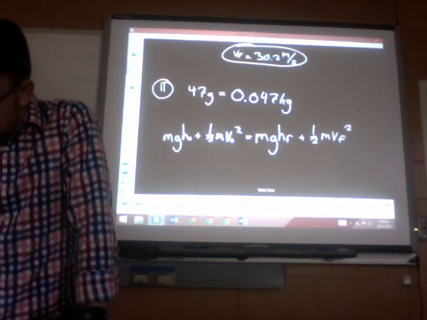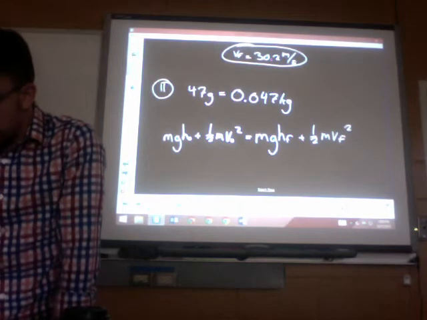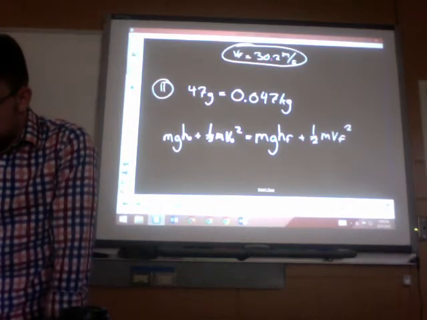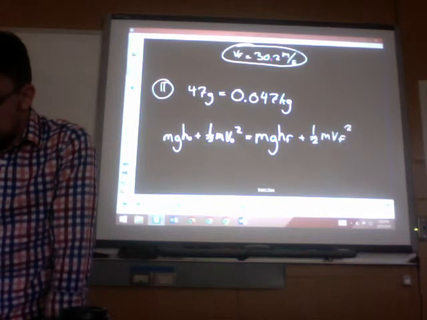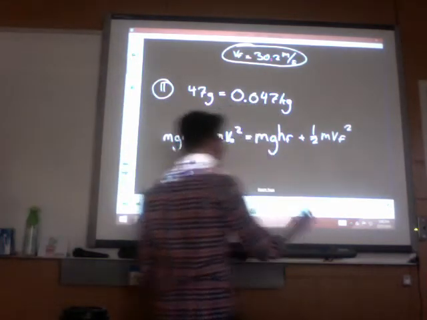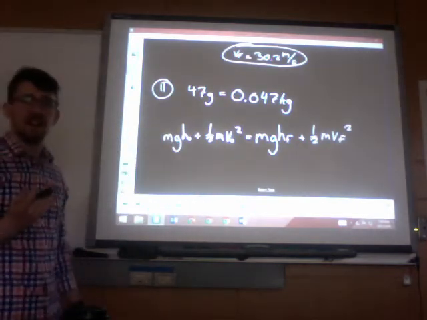Use the conservation of energy to calculate the kinetic energy of the ball when it reaches a height of 24.6. Go through that again. They're trying to get us to calculate kinetic energy? But there is no kinetic energy letter on here.